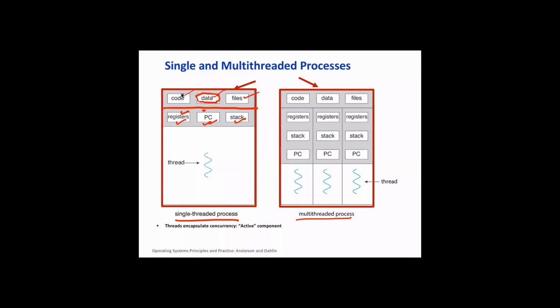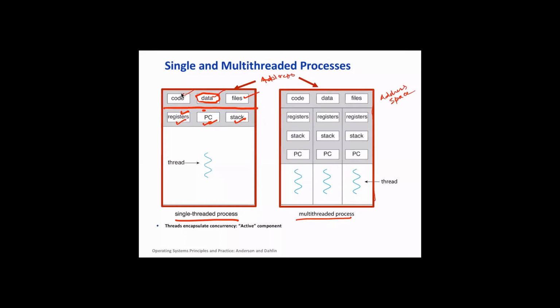Now when we move to a multi-threaded process, this is a process boundary or address space. If from one thread we fork multiple threads, then it looks like this. Three threads we are using. This is the address space boundary, same addresses, so all threads use the same addresses.